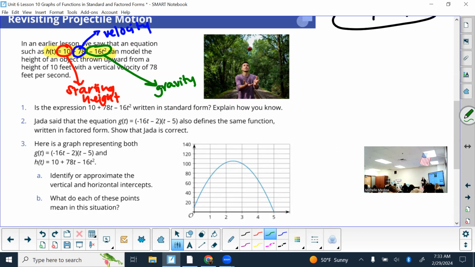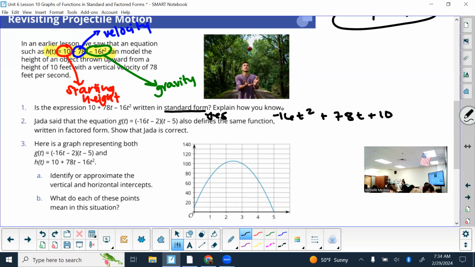Would you say, based on our lesson about standard versus factor form, class, would you say that that is in standard or factor form? It is considered standard form. Although some math teachers will say that it should be written in this order, where you have the higher exponent first and then in descending order.